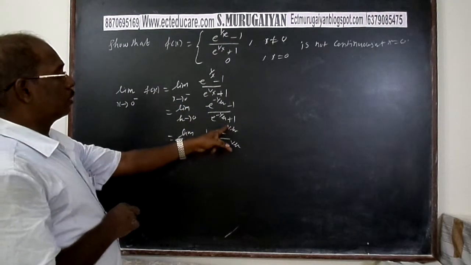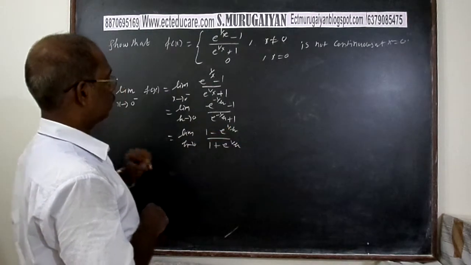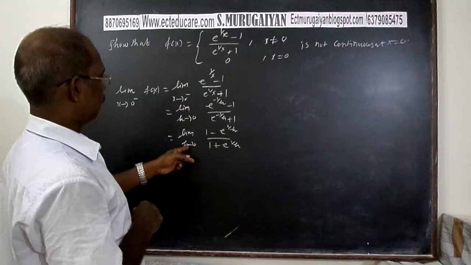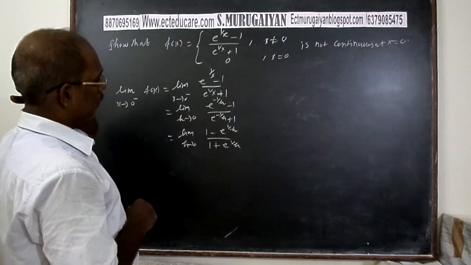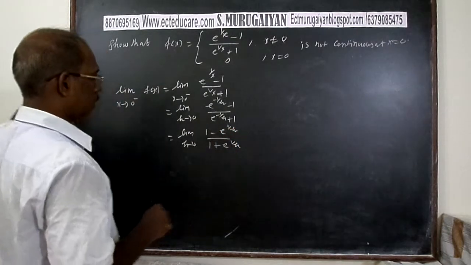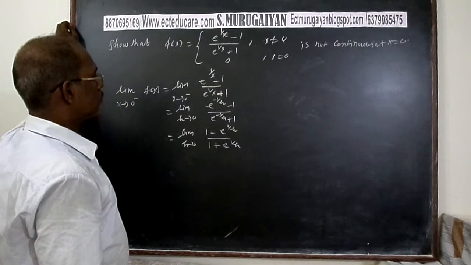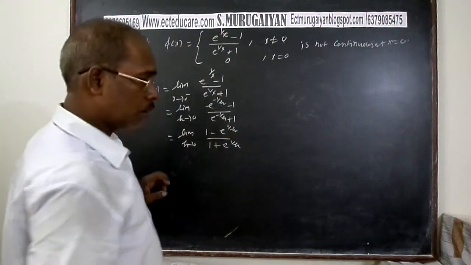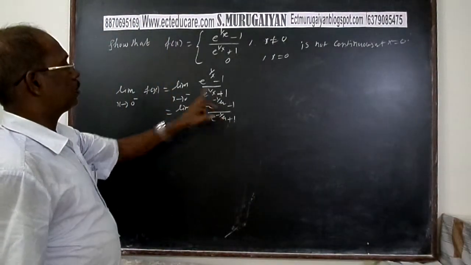h approaches 0 means e power infinity. To avoid confusion here, h approaches 0 means e power minus infinity.